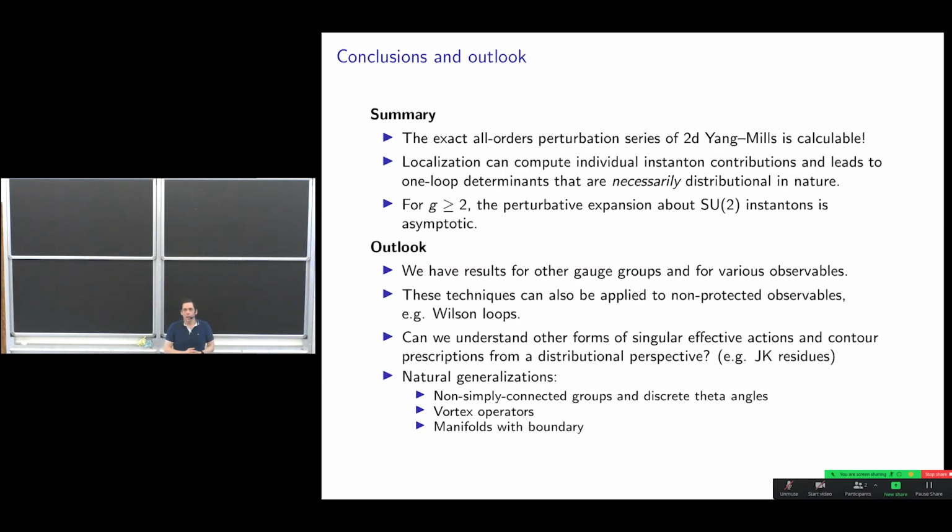So in principle, I don't have an argument to tell you that the transseries that I wrote down is the end of the story, other than to say that the other two ways to formulate the theory, the lattice and the localization one, point out that you should really have a sum over those contributions.